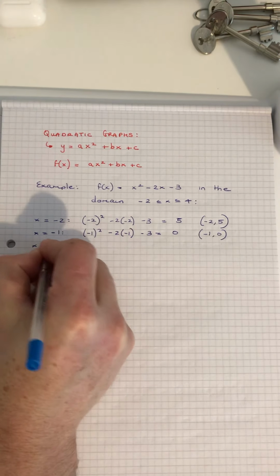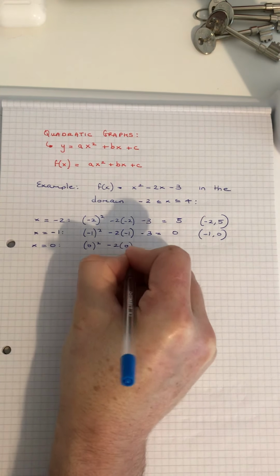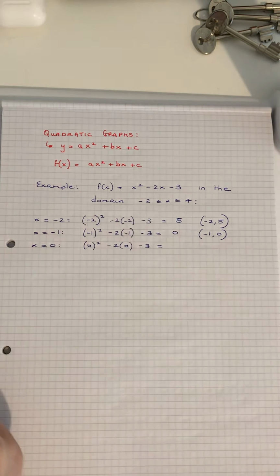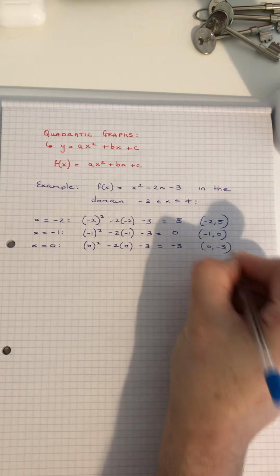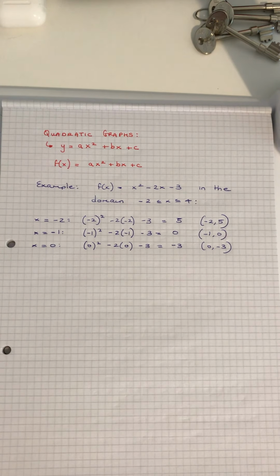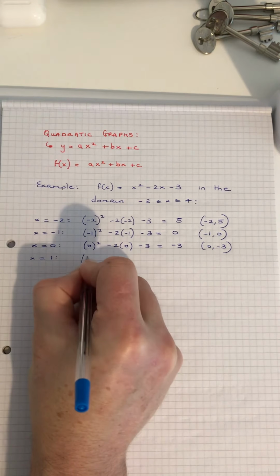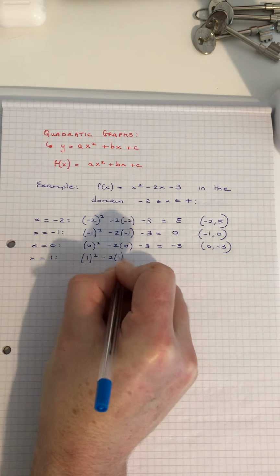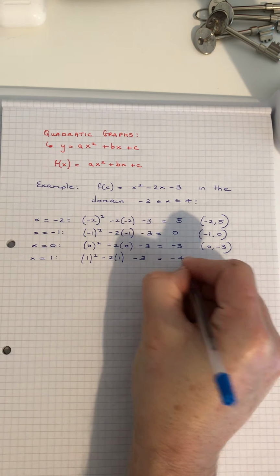When x is 0, 0 squared minus 2 times 0 minus 3, and you'll get out minus 3. So 0 and minus 3 is your point. When x is 1, 1 squared minus 2 times 1 minus 3 will give out minus 4.